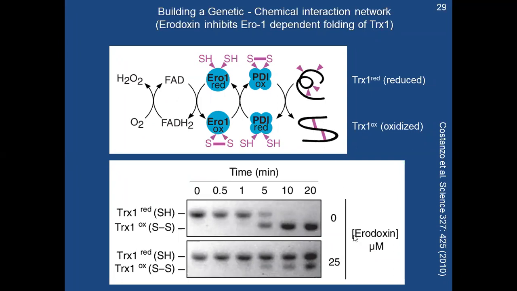Now, if you add erodoxin at 25 micromolar, which is a kind of high concentration, but nevertheless, to the cells, you see that this oxidation is dramatically reduced or significantly inhibited, because we would expect at around 10 to 20 minutes complete oxidation of TRX, but we don't see it.